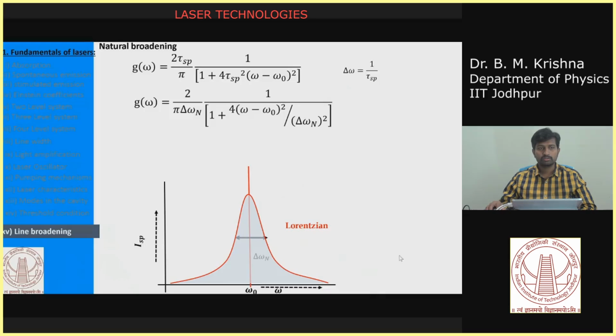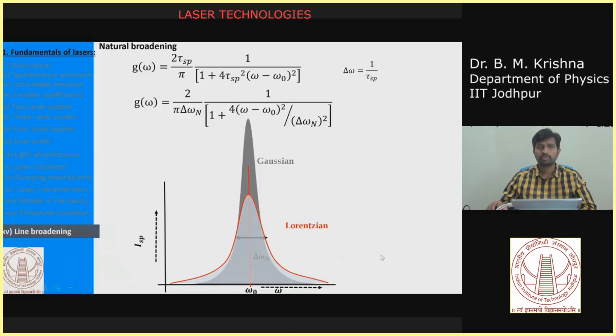Now if you see intensity versus frequency, this is our Lorentz profile, and this is your full width at half maximum, delta omega n. If you compare with the Gaussian profile, this is our Gaussian profile. The full width at half maximum is the same for the Lorentzian and Gaussian line profiles, but the only difference is the tails. The tails will be extended in the Lorentzian case compared to the Gaussian. The Gaussian tails will be a little sharper.